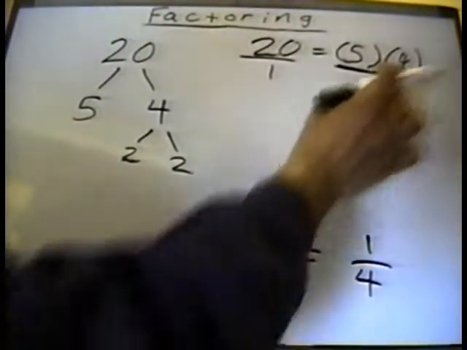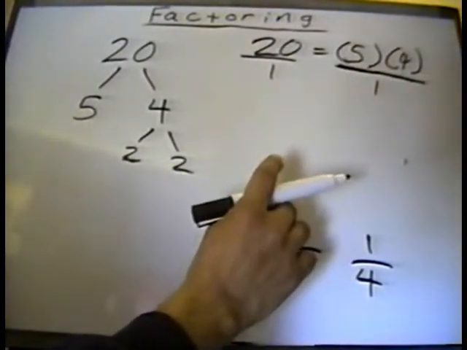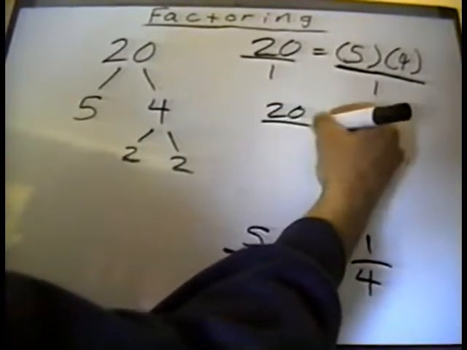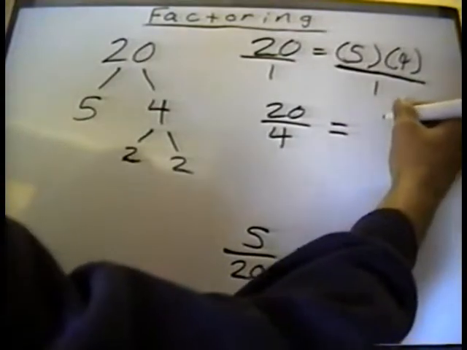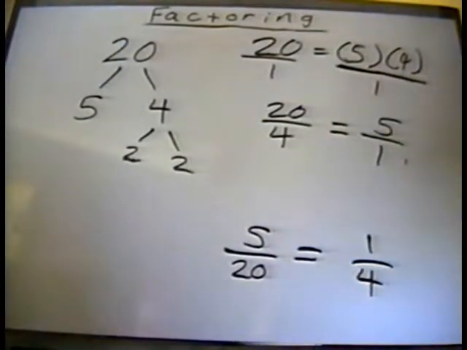That's if we multiply both sides of the equation by the reciprocal of 4, which is 1 over 4. Or I could just take this 4 because it's a multiple, and move it under 20. So this will become 20 over 4 equals 5 over 1, or 5.